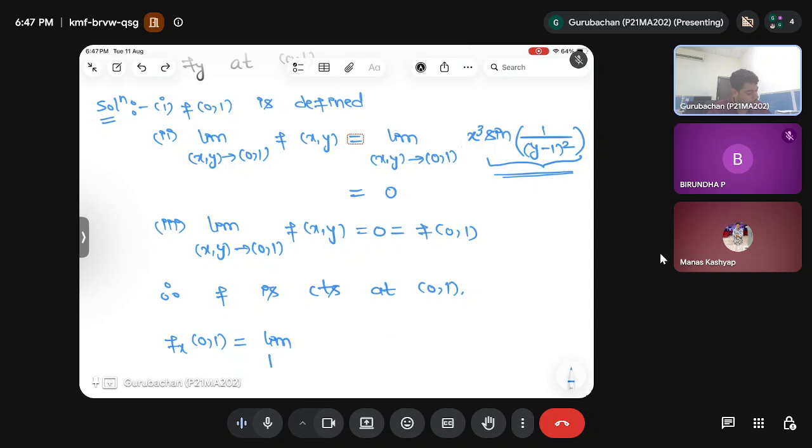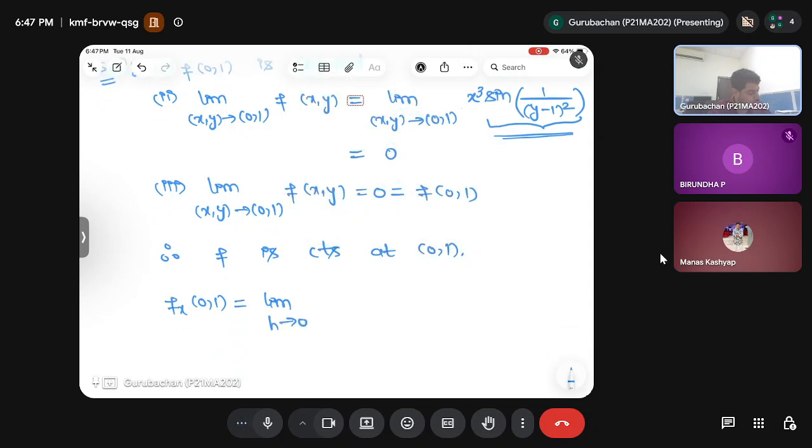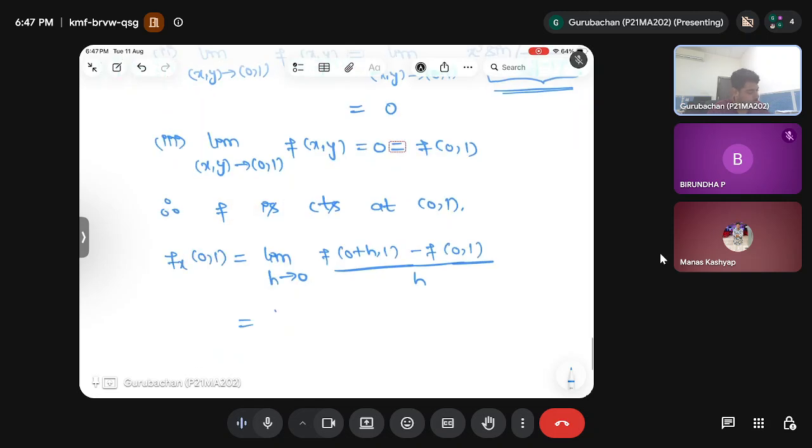So let us calculate now fx at (0, 1). So this will be f of (0 plus h, 1) minus f of (0, 1) divided by h.